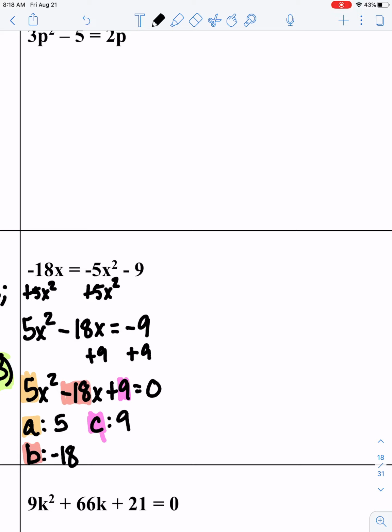After I identify A, B, and C, you want to multiply A times C. So 5 times 9 is 45. Now that trick I was telling you is you want to find the square root of AC.